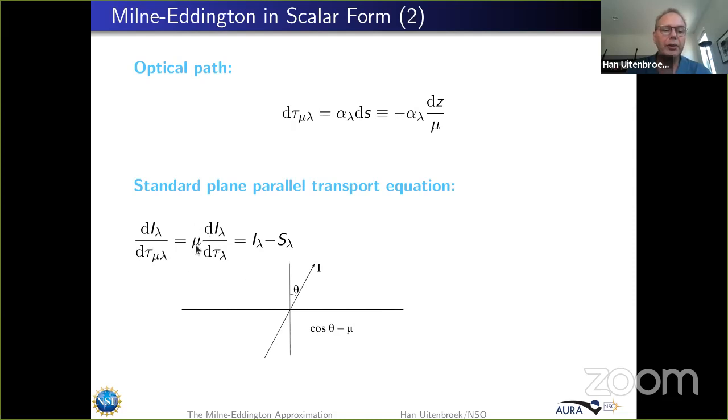So we have mu times dI/d tau equals I minus S, which is the reverse of signs compared to when you write down the equation of transfer along a ray in the direction of the ray.